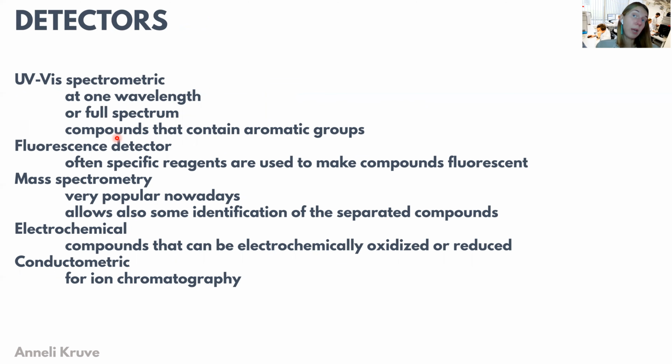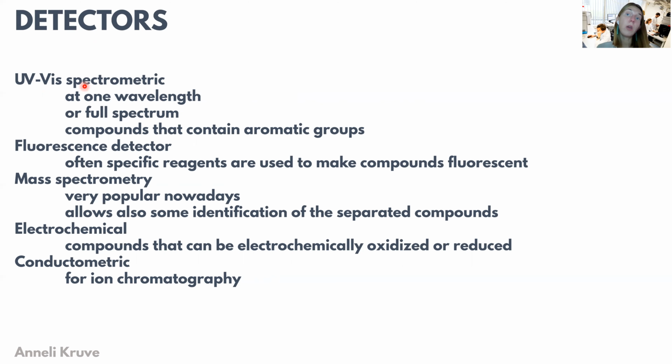Lastly, when the compounds have been separated in the column based on the specific interactions, we also need to detect them in the chromatogram. And this is done by the detectors. The most traditional detector in liquid chromatography is the ultraviolet visible spectroscopy detector.